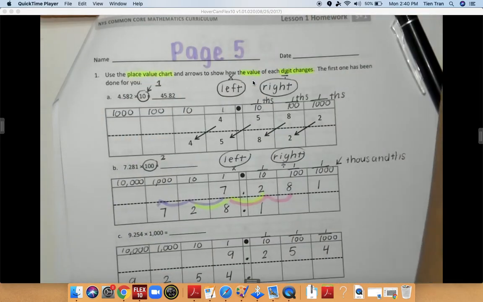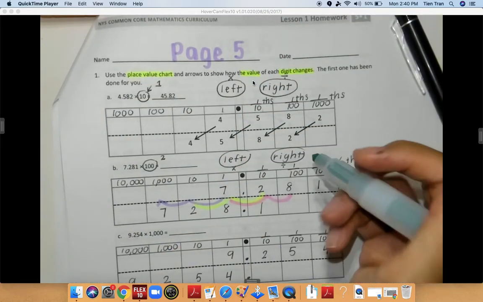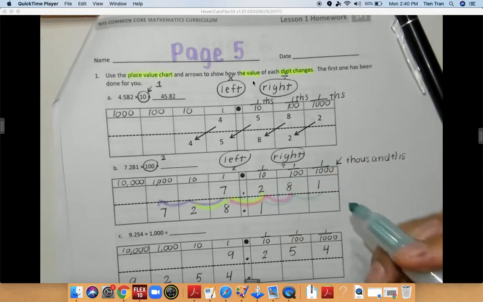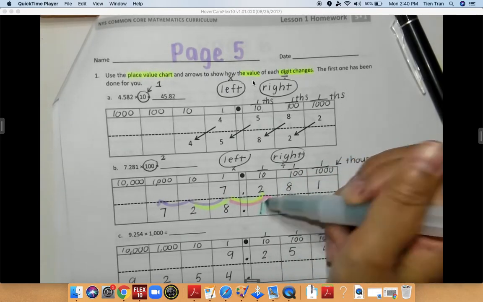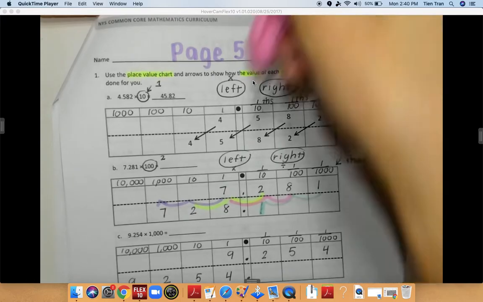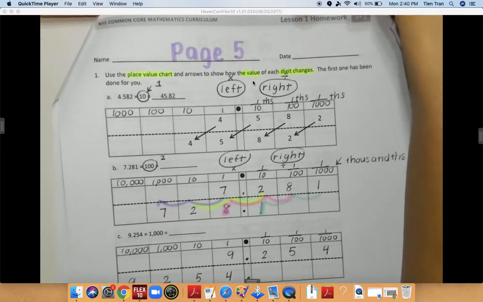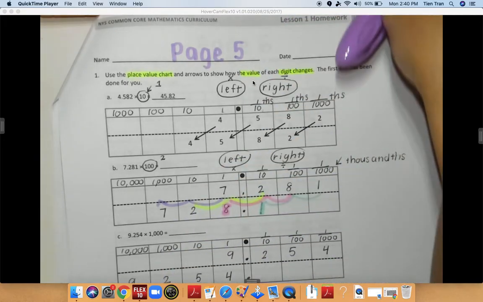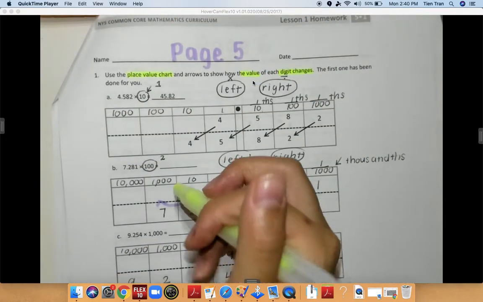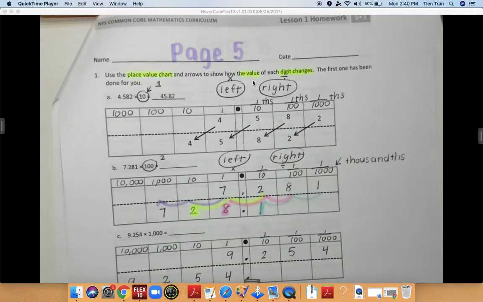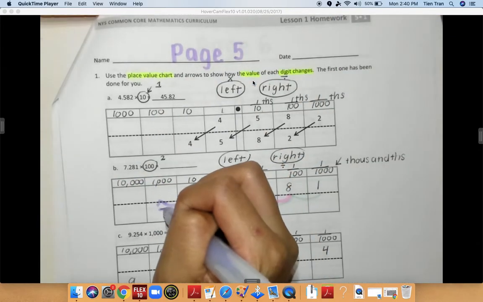And my last one, I am moving my 1 over 2 times. 1, 2. So this one's my 1. This one is my 8. So you guys can kind of see it visually with color. Sometimes color really helps. If you want to write in color too, and it helps you, then definitely do that.